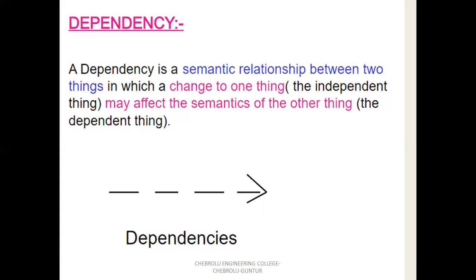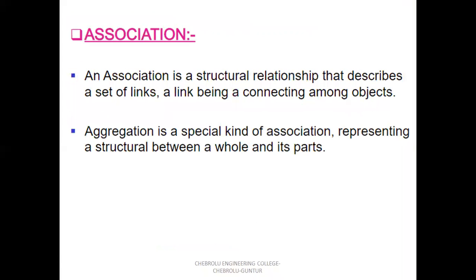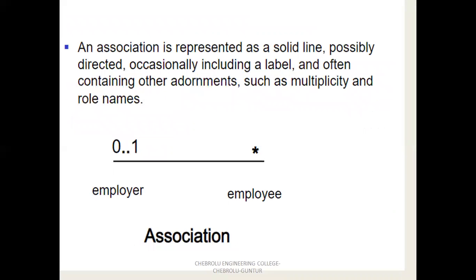Second one, association. An association is a structural relationship that describes a set of links connecting objects. Aggregation is a special kind of association that represents a structural relationship between a whole and its parts in the system. The association is represented by a solid line, possibly directed, occasionally including a label and often containing other adornments such as multiplicity and role names.